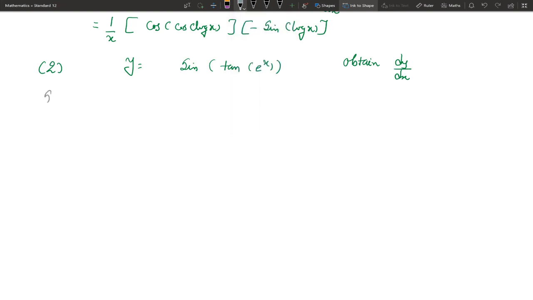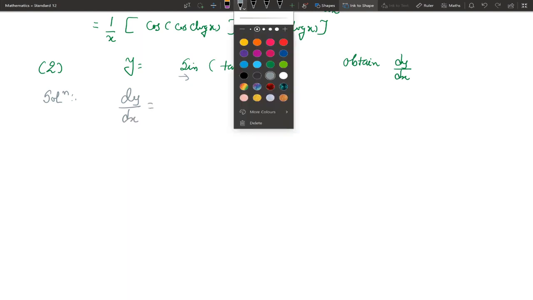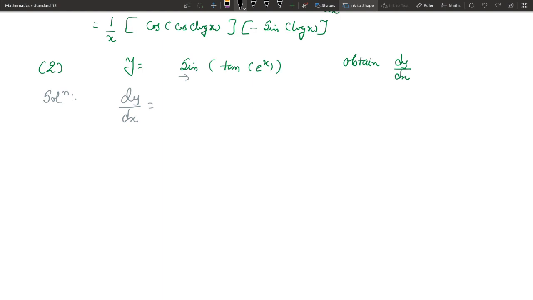Solution. We start with the outside. So dy by dx, the derivative of sine is cos of tan of e raised to x. We have used the formula d by dx of sin x is cos x. So first we have used this.